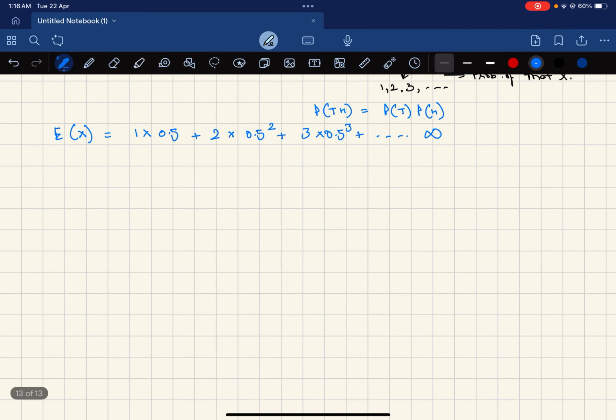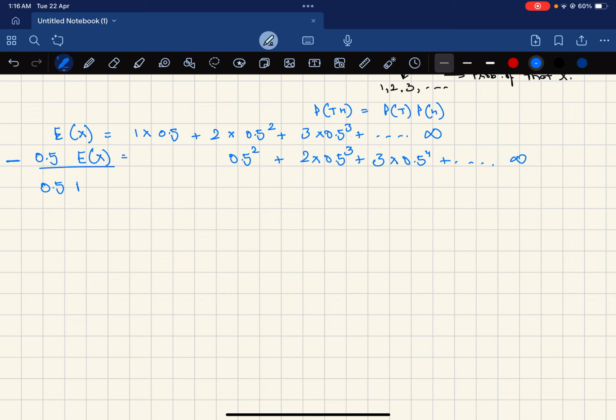Now we multiply both the left hand side and right hand side by 0.5 to get 0.5 times the expected value as 0.5 square plus 2 into 0.5 cube plus 3 into 0.5 raised to power 4 plus till infinity.